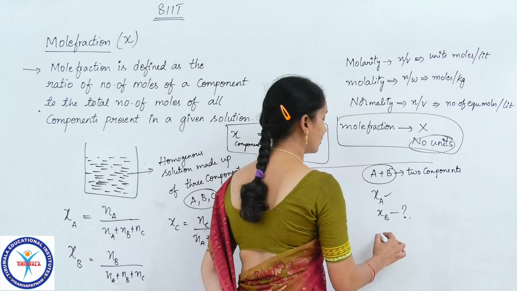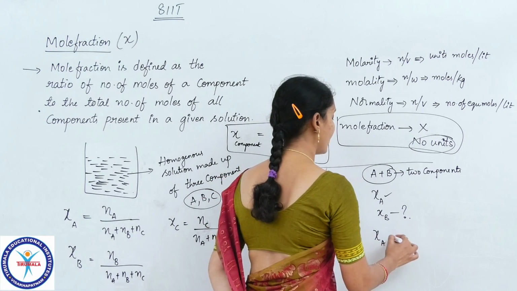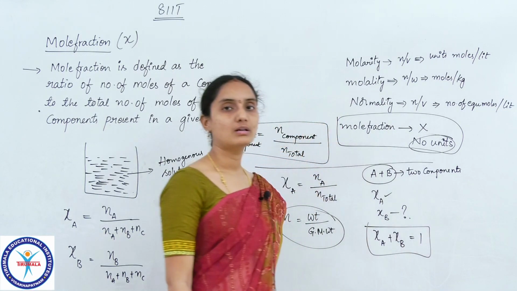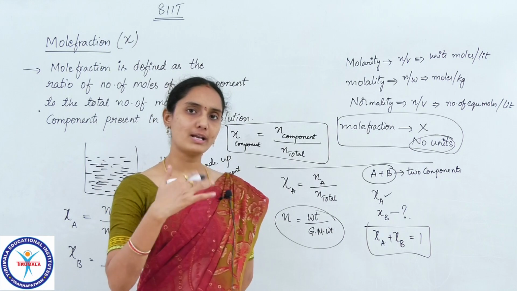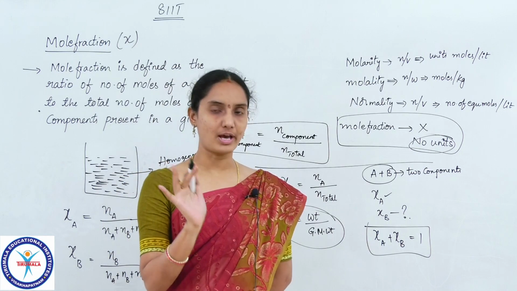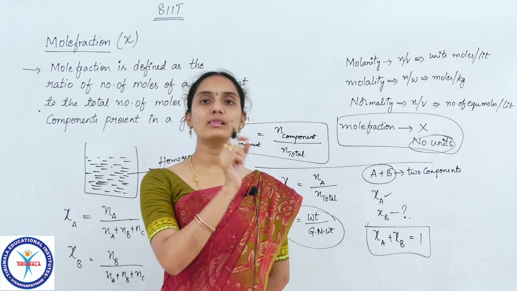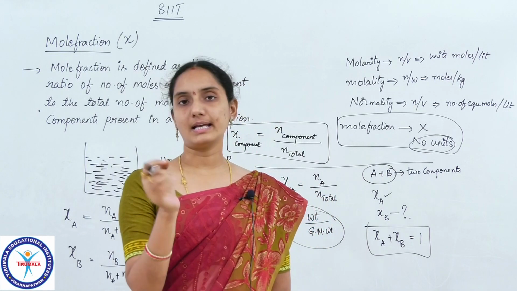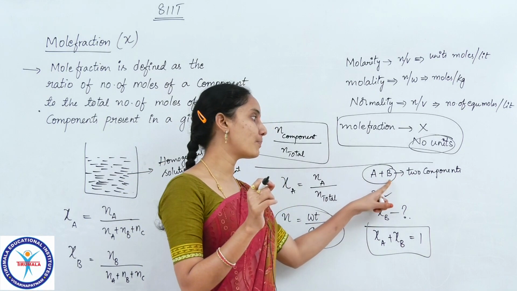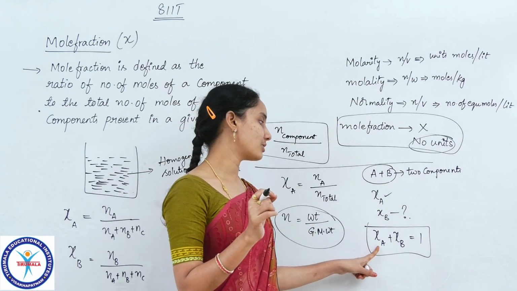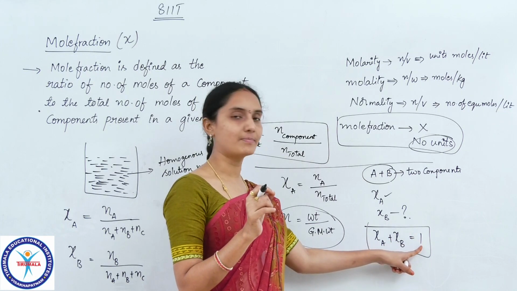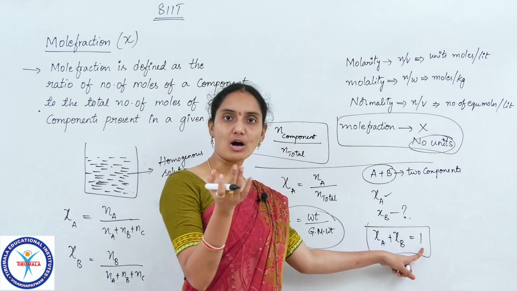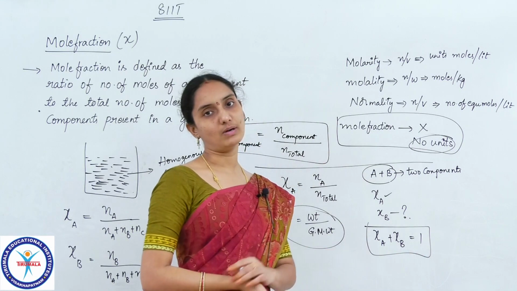Then remember, children, mole fraction of all components of a solution is always equal to 1. How many components may be present in that solution? The sum of all the mole fractions of all components present in a given solution is equal to 1. Because this solution is made up of only two components, mole fraction of A plus mole fraction of B is equal to 1. If that solution is made up of three components, then the mole fractions of all these three components is equal to 1.